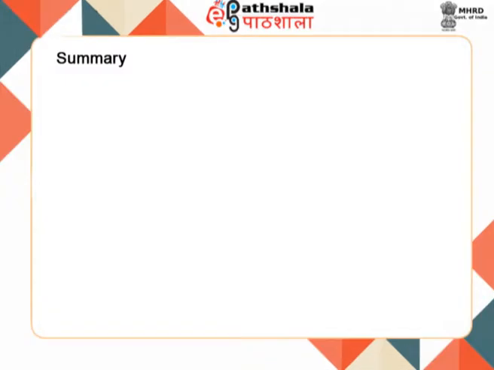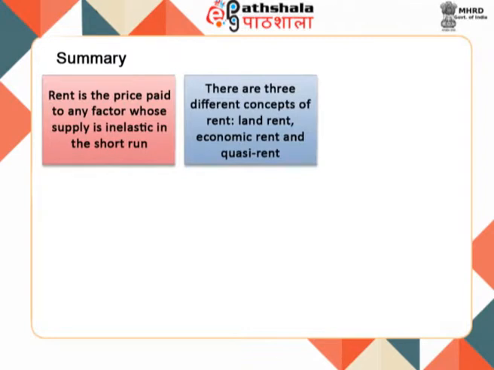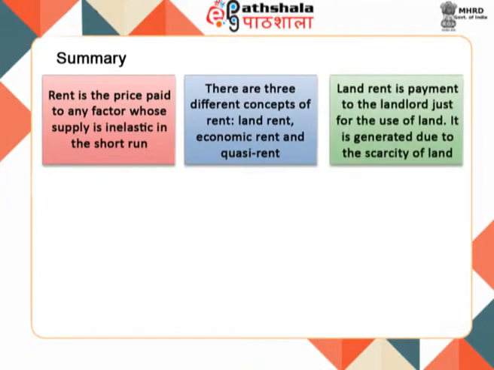Let's now summarize what we have learned in this module. Rent is the price paid to any factor whose supply is inelastic in the short run. There are three different concepts of rent: land rent, economic rent, and quasi rent. Land rent is payment to the landlord just for the use of land.